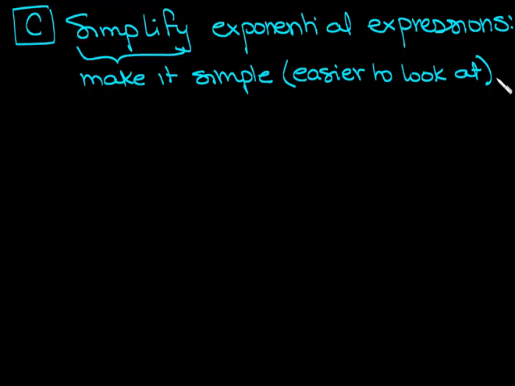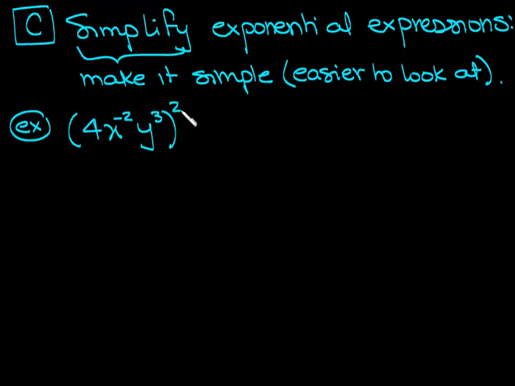Alright, so let's take a look at an example on what we mean by that. So let's start with something really simple, and then we'll move our way to a few more complicated examples. Okay, so let's say if I have 4x raised to negative 2 y cubed raised to 2.